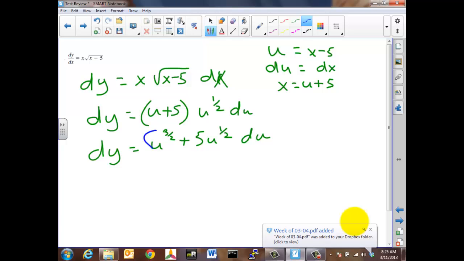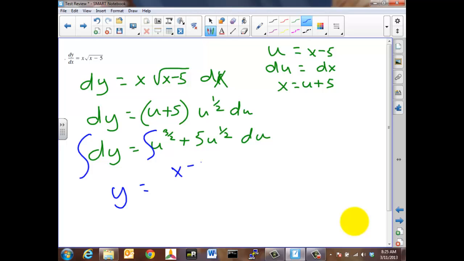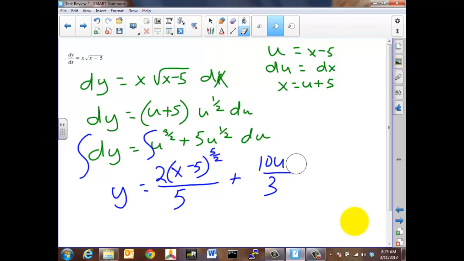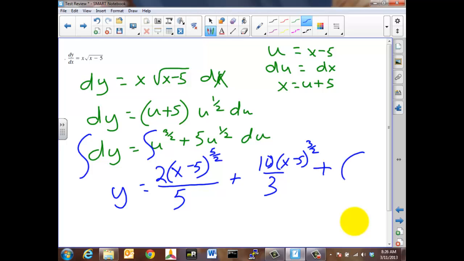Now if we integrate, y equals x minus 5 to the 5/2, 2/5 of that, plus 10/3, x minus 5 to the 3/2 plus c.